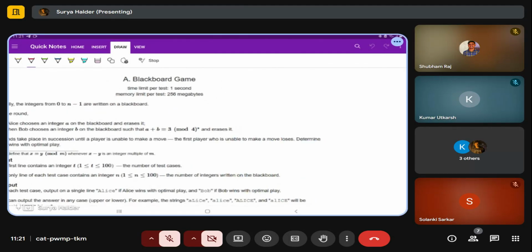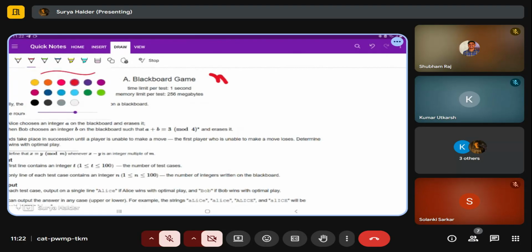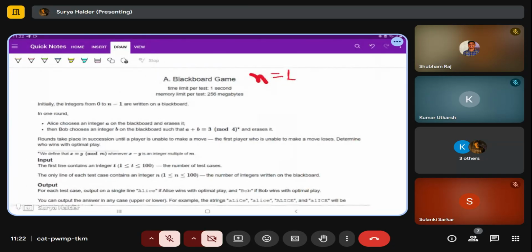Yes, correct. So this question we can infer from examples. First, you are given a number n, and there is a collection of integers from 0 up to n minus 1.